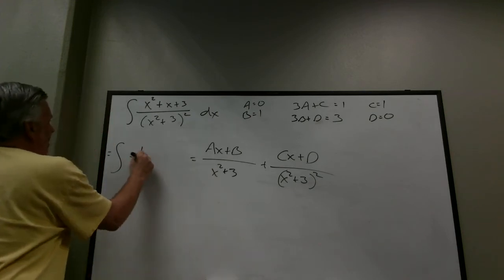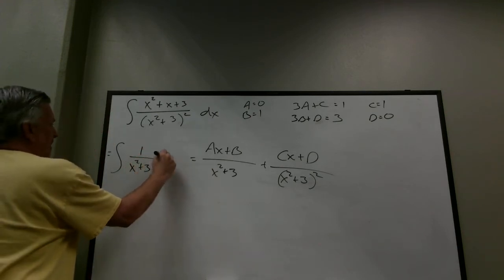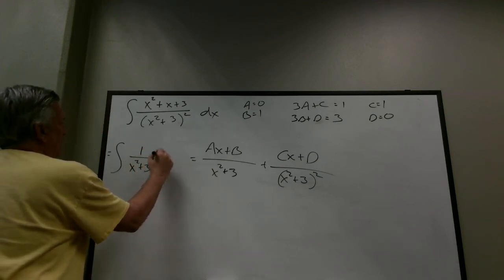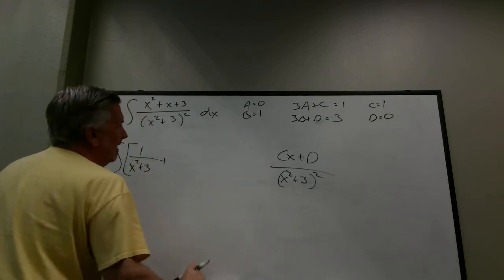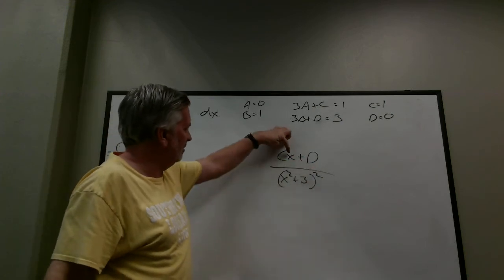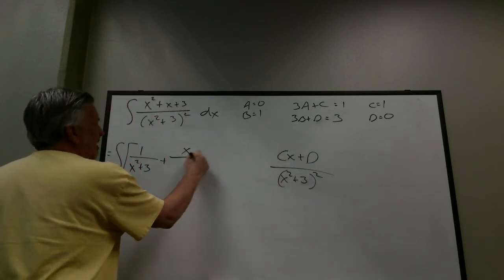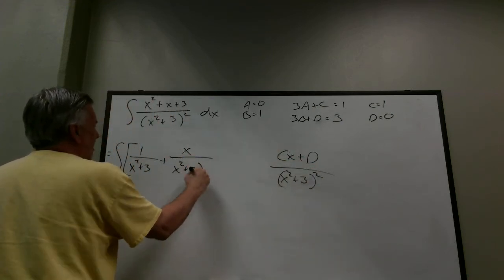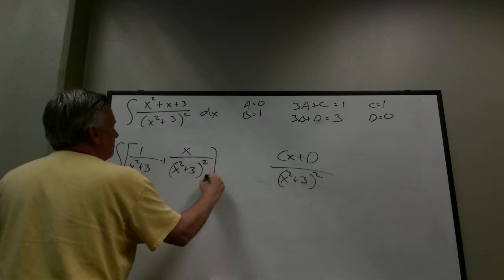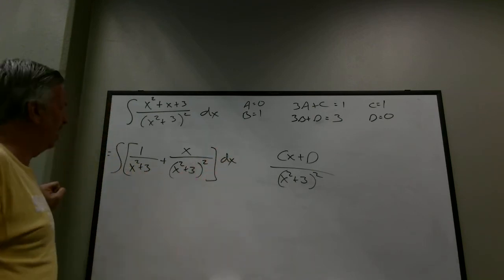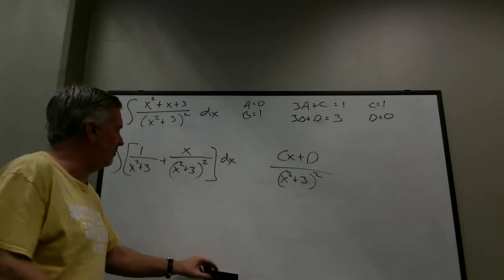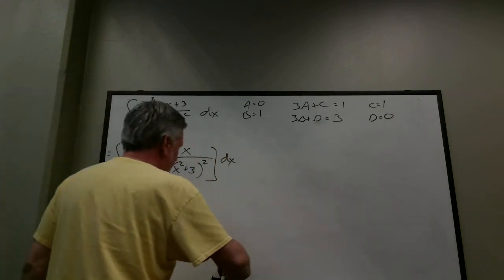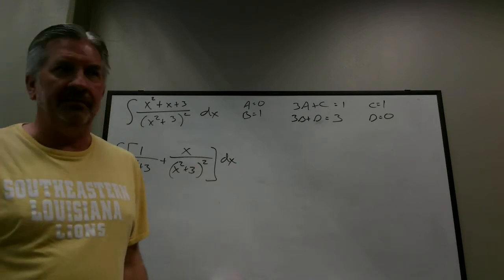So I get 1 over x squared plus 3, plus c is 1 and d is 0. So I just get an x. So it's x over x squared plus 3 squared. Okay. So I plug in a, b, c, and d into my decomposition, and that's what I get. Okay, so now the goal is to integrate that.